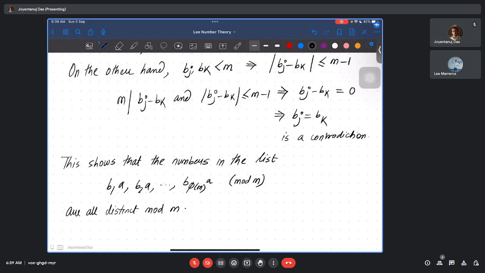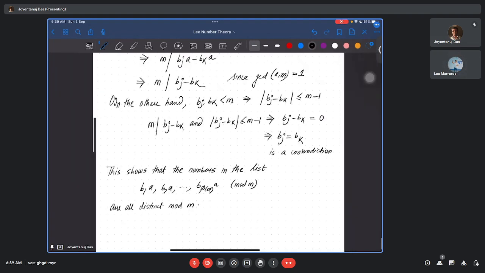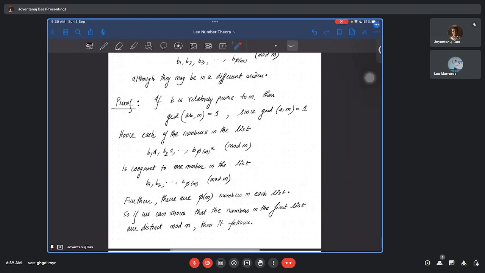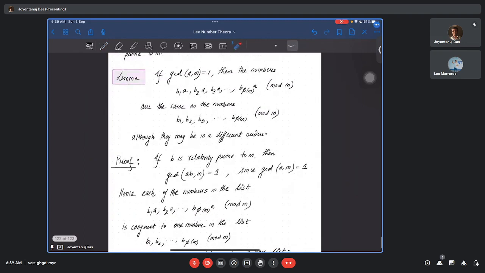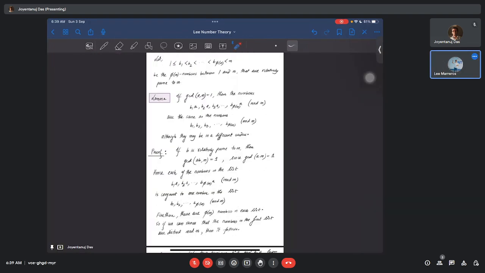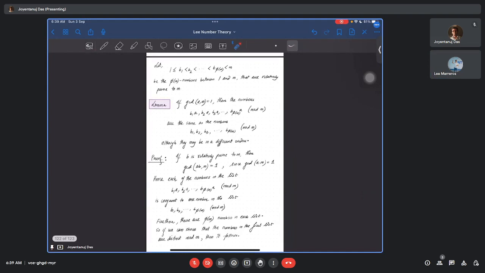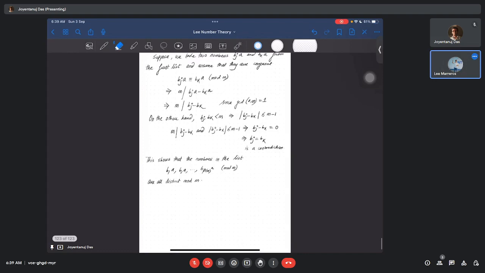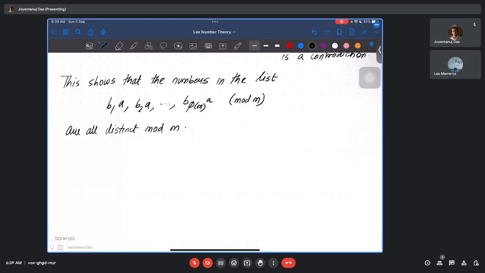So as a list, the first list of numbers and the second list of numbers are the same. That is what we wanted to prove. So the proof is fine, by contradiction. This proves the lemma.